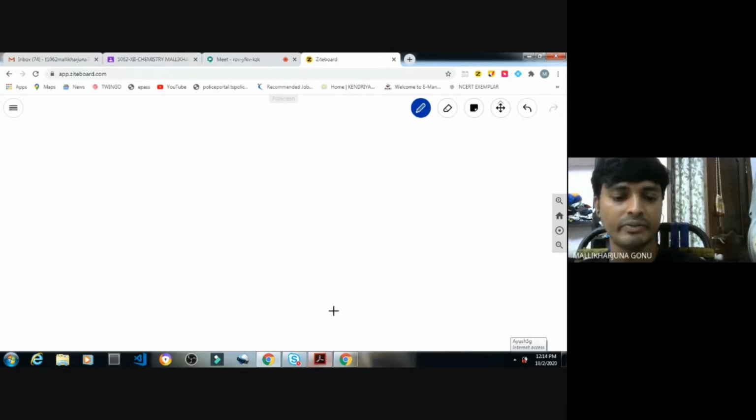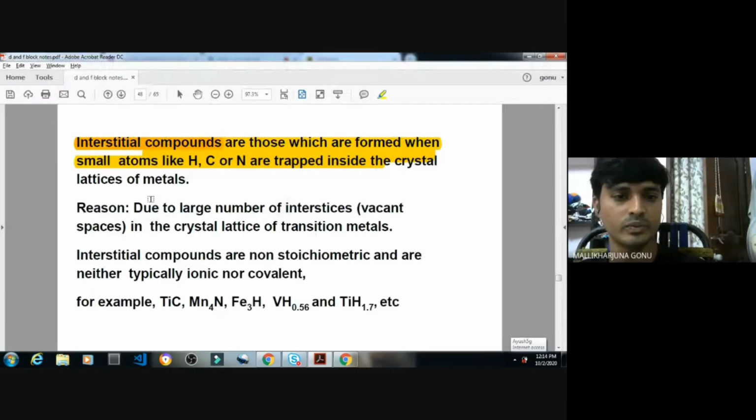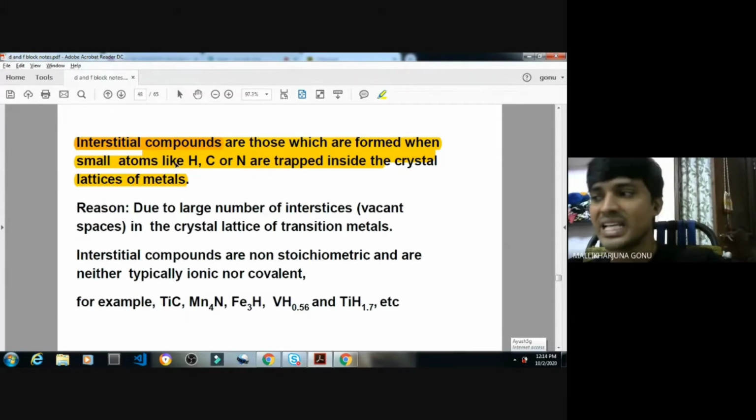That is the meaning of interstitial compounds. Why does it form interstitial compounds trapped inside the crystal lattice? We know the crystal lattices of metals are different: body centered cubic, face centered cubic. All these have spaces in between, and small atoms will be trapped in between the atoms because of their smaller sizes.